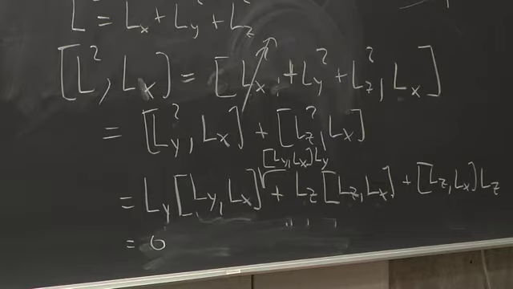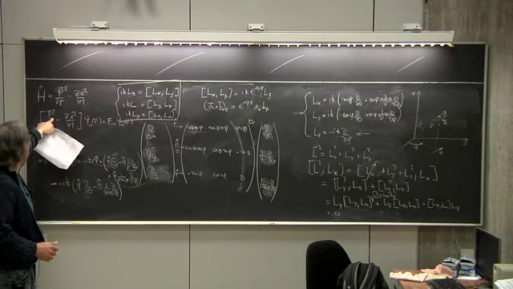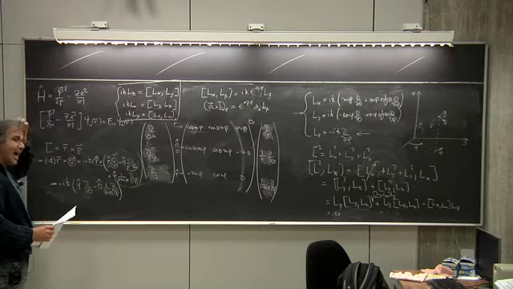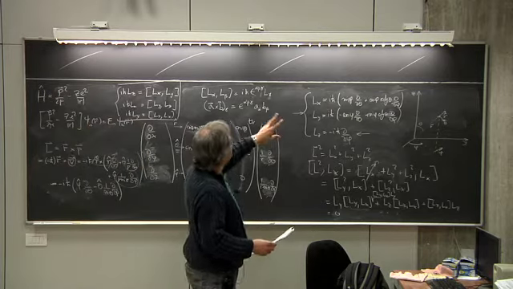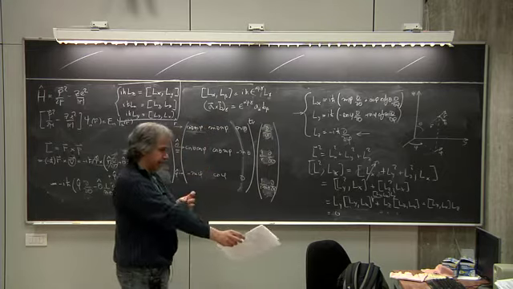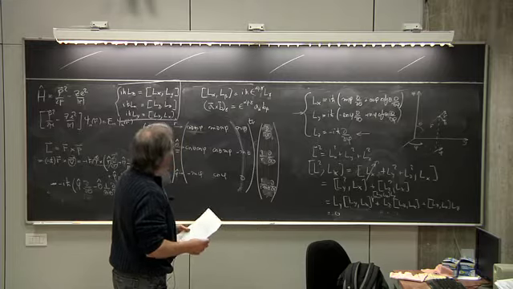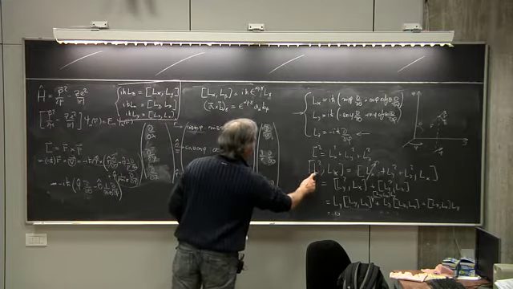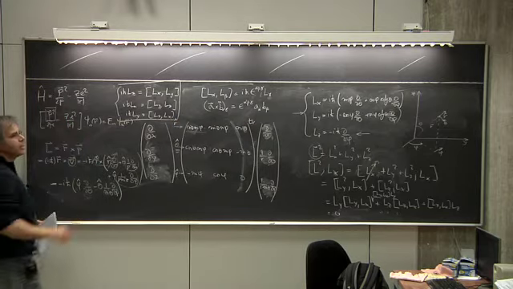Good. So, why is this useful? After all, it seems to be unrelated to our original problem. I had p square here. Why am I stressing so much L and its properties, commutation, and all this ugly and boring change of variables? The reason is that L square, this object here, is really hiding in this operator there.